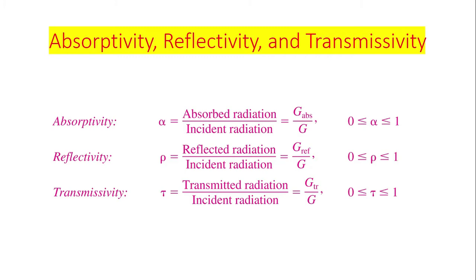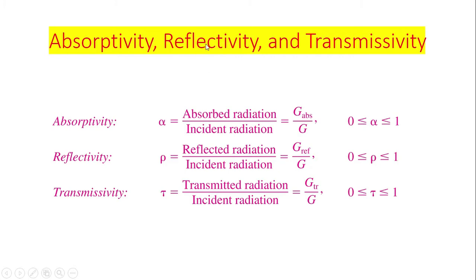The radiation flux is a particular quantity represented by G. In the case of the radiation flux for the incident radiation on a particular surface, that is simply called the irradiation, represented by G, right?